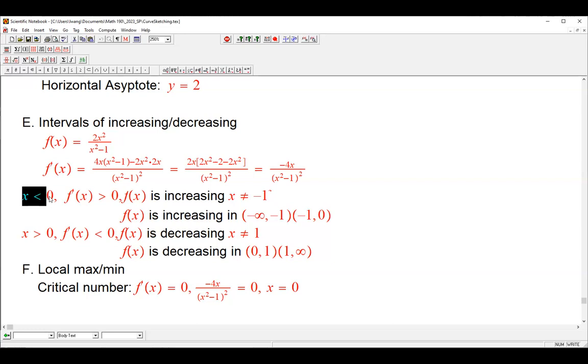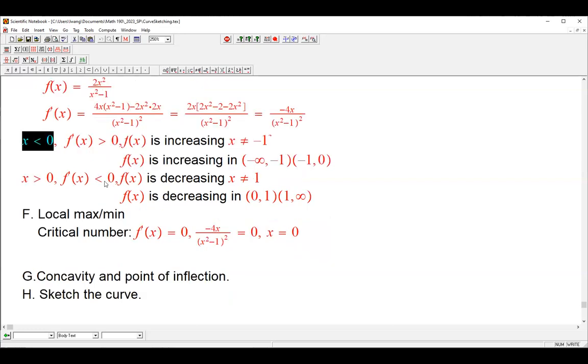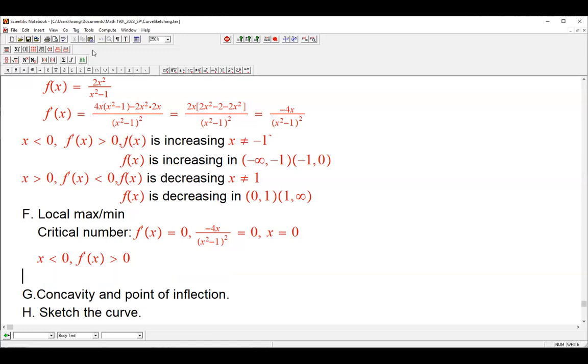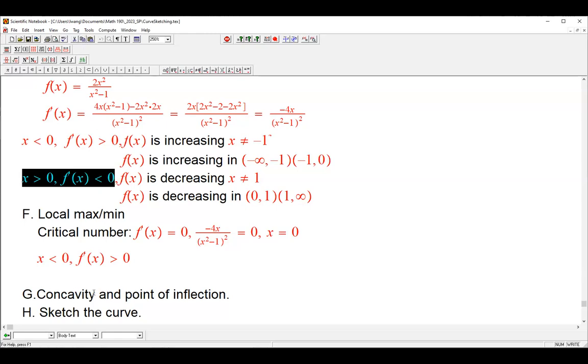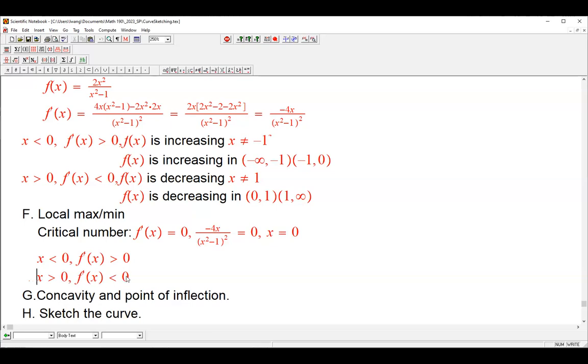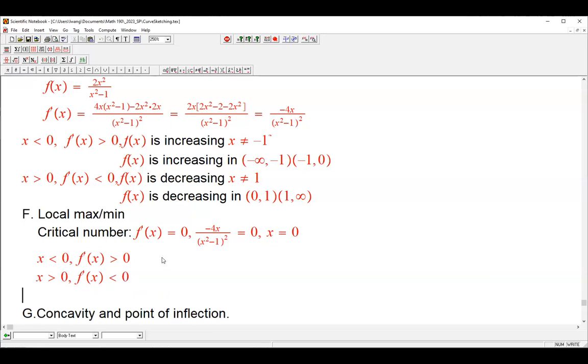Before 0, when x is less than 0, the derivative is positive, which is increasing. When x is positive, the derivative is negative, the function is decreasing. So we're using the first derivative test.